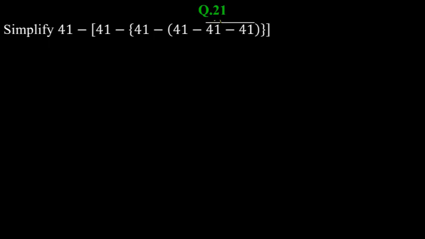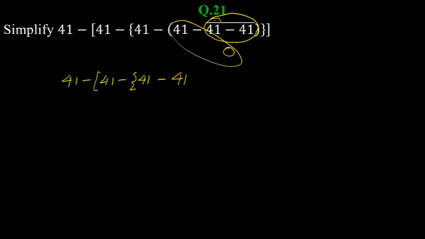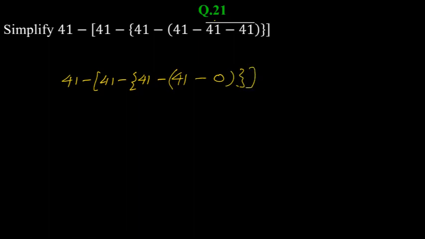Okay. So now solve this part only. 41 minus 41, which will be 0. 41 minus 0 will be 41. It will be 41 minus 41 minus 41 minus 41. Okay. Why? Because it will be actually 41 minus 0. This part is 0.